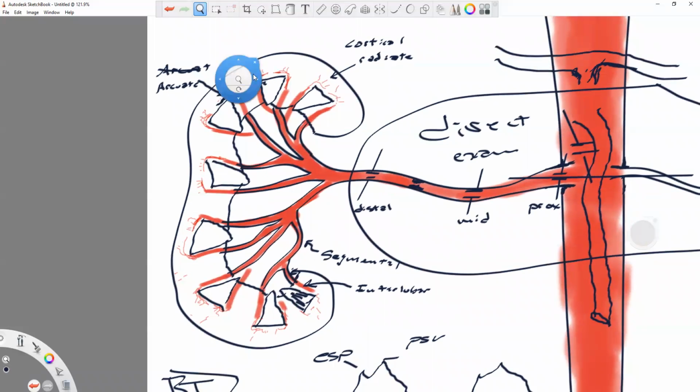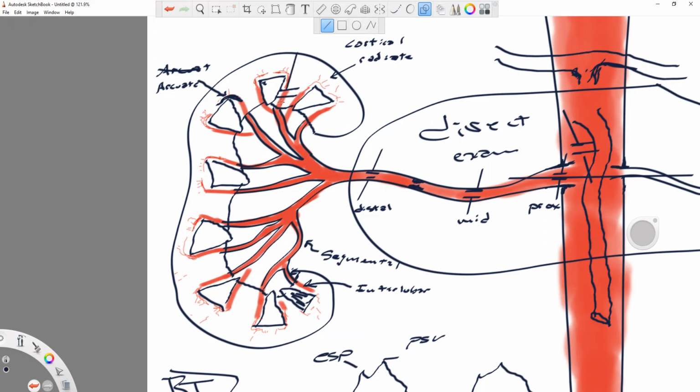I don't know. Okay, so with this part of the exam, we're going to throw our color on and we're going to see arteries.